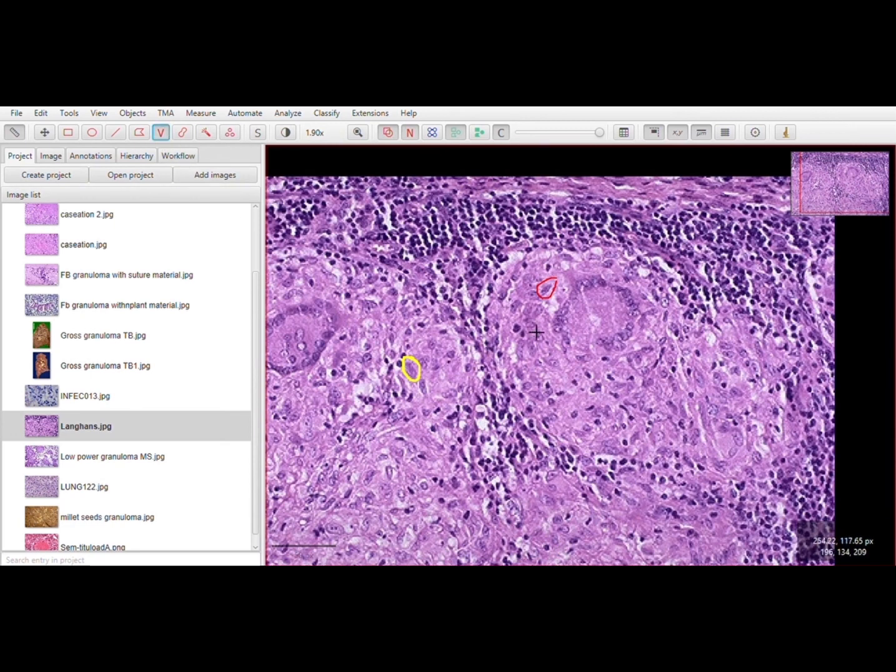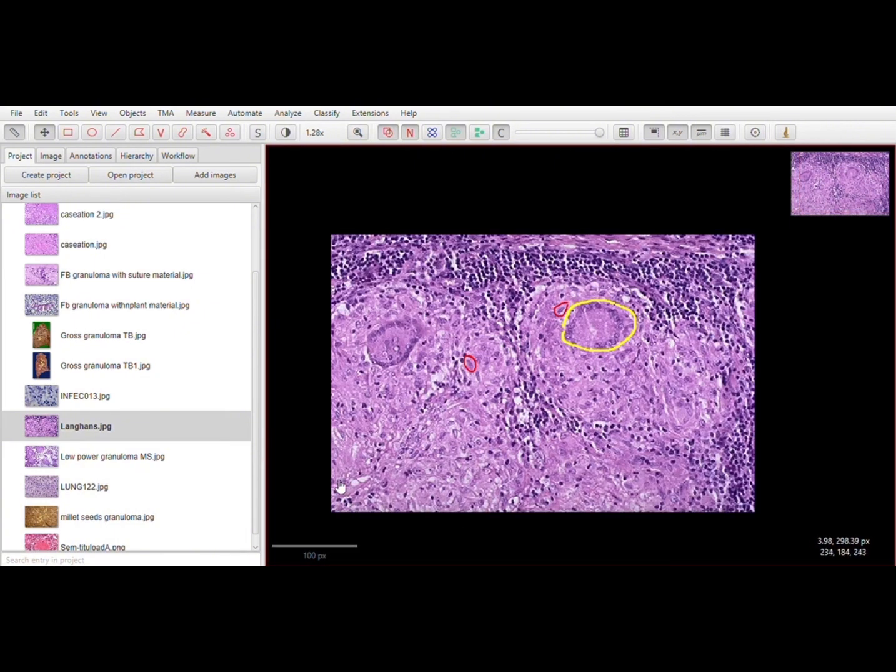Another very important feature to identify a granuloma is a giant cell. In this case, this is a Langhans type of giant cell because the nuclei are arranged peripherally. When you go for the whole view, you will see lots of lymphocytes rimming these granulomatous areas.